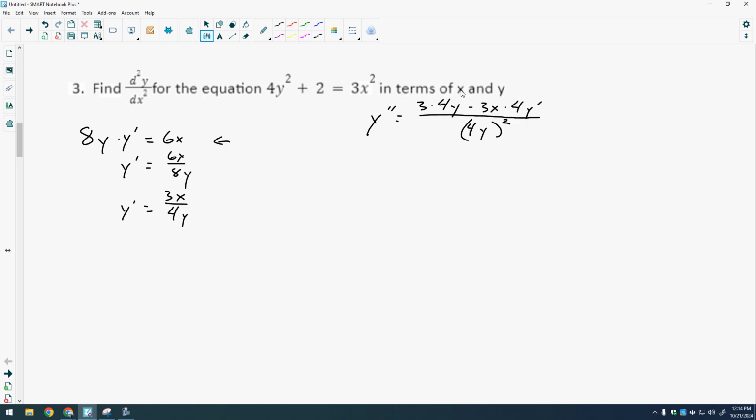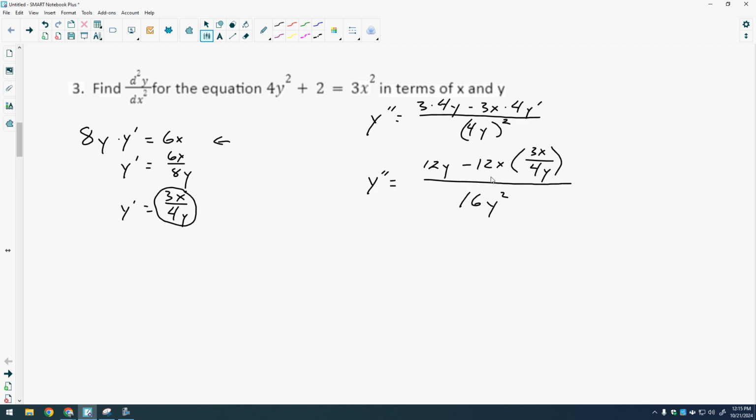Okay, in terms of x and y, I have this y prime here. I'm going to take what y prime equals and substitute it in for y prime. So y double prime equals, combining the 3 and the 4, 12y, minus 12x times y prime, which we know is 3x over 4y, all divided by 16y squared.